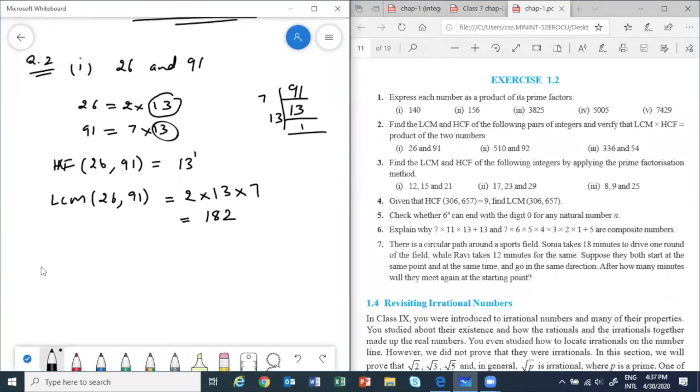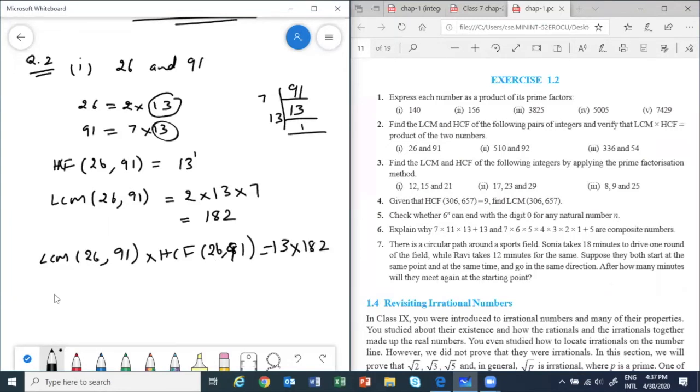So to verify, let's find LCM into HCF. So LCM of 26 and 91 multiplied by HCF of 26 and 91 will be equal to what? 13 into 182, right?